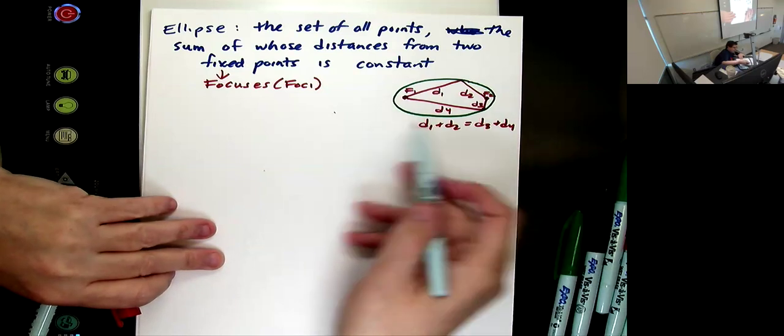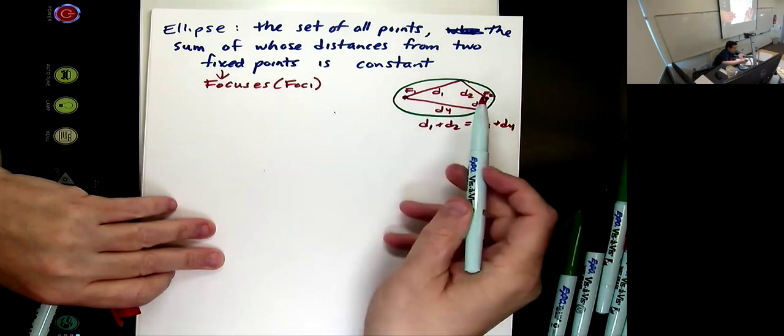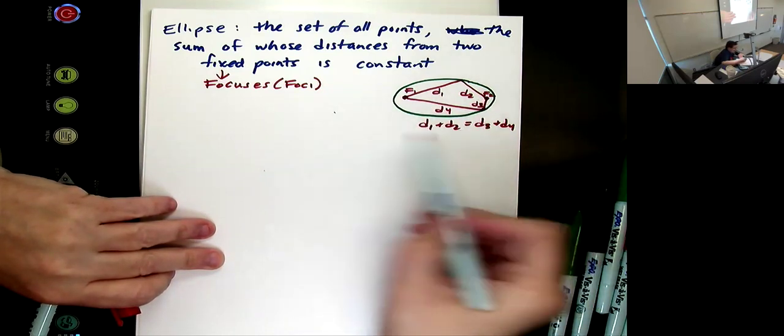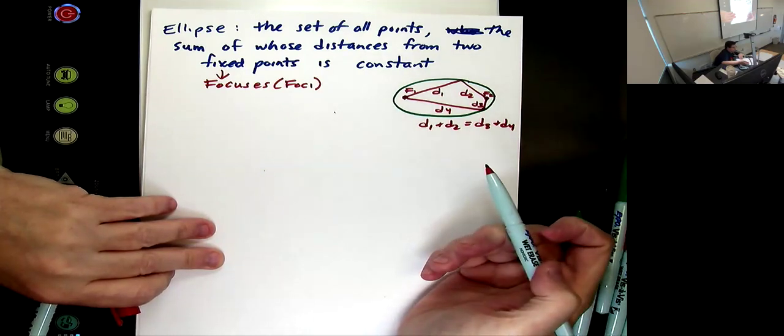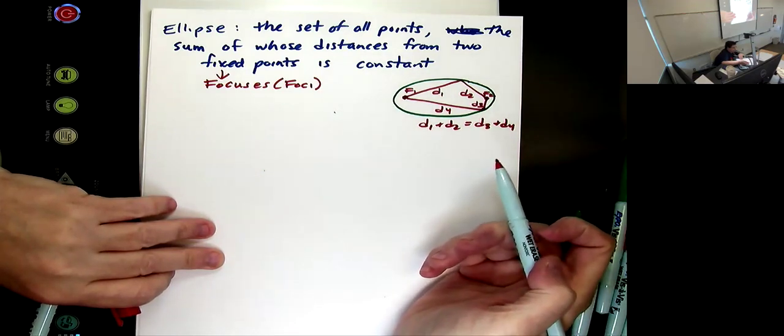The distance from the focal points to anywhere on the line, if you add them up, is the same for anywhere on the ellipse, which is deep.